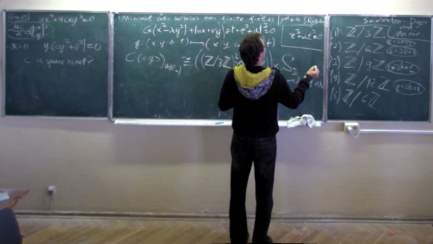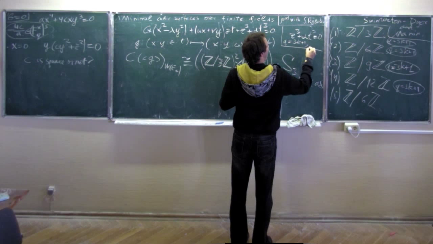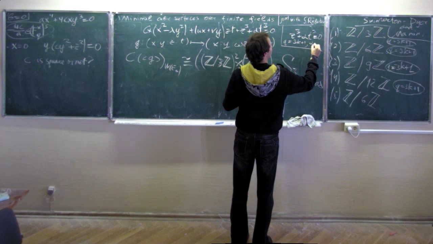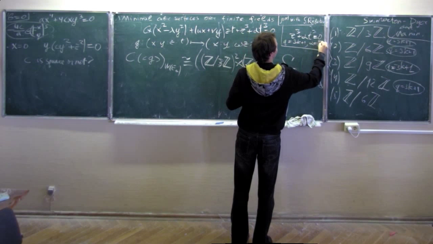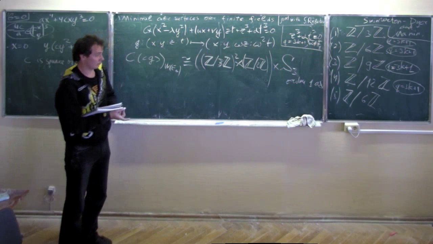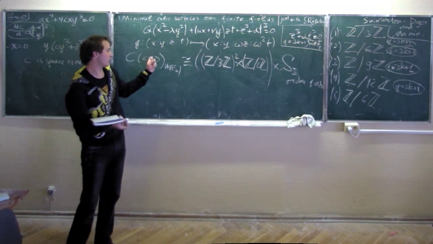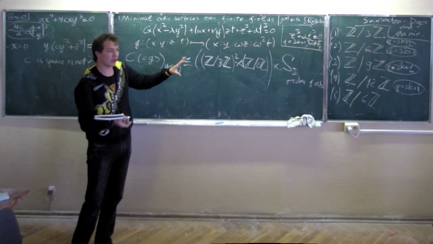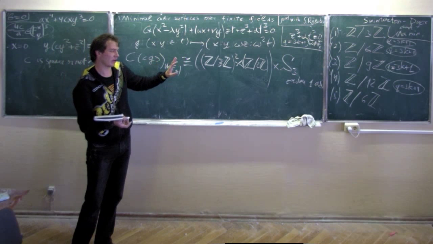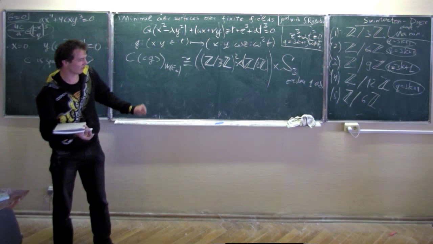So again, we have q equal to 3k plus 1, and alpha is not a cube. You can see that really the centralizer here is much bigger than in the previous case. I didn't write it in the previous case, but there it will be smaller.